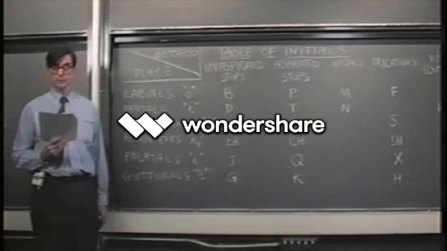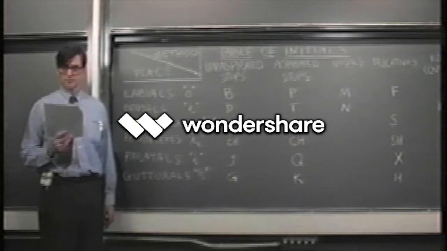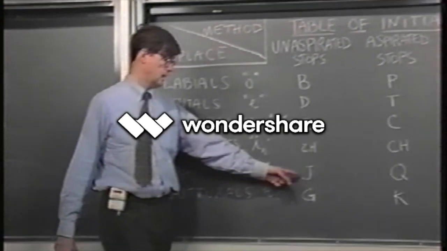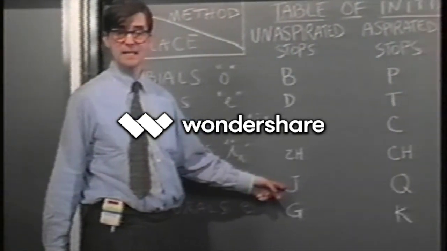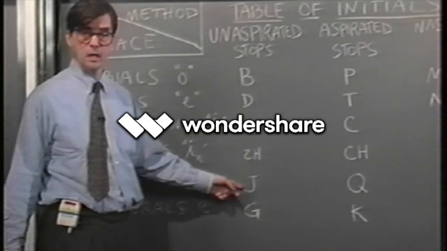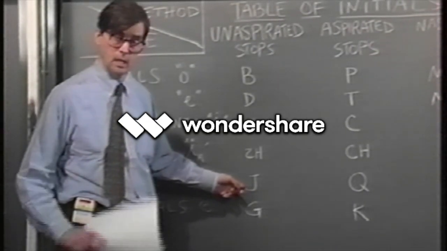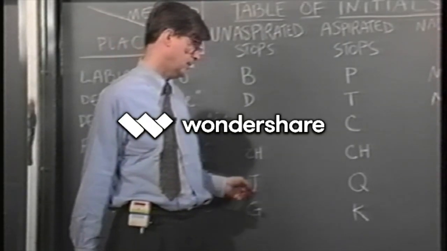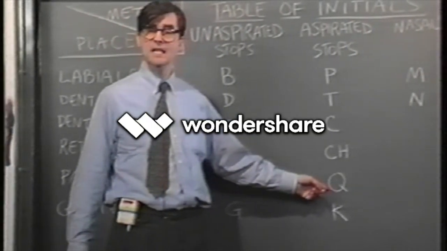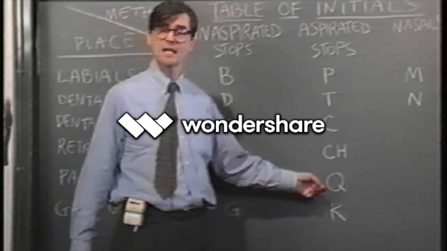Now, pronounce with me the palatal initials in sequence. Ji, ji. The middle part of your tongue is touching the palate. The tip is relaxed and not making contact with the top of the mouth. Qi, qi.